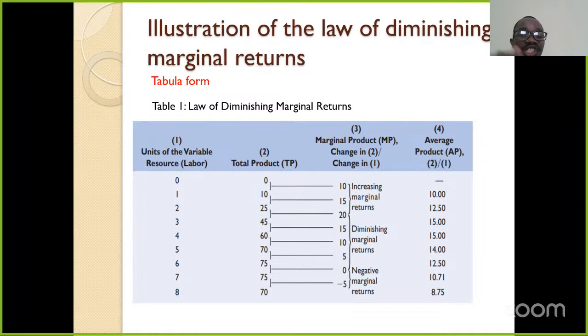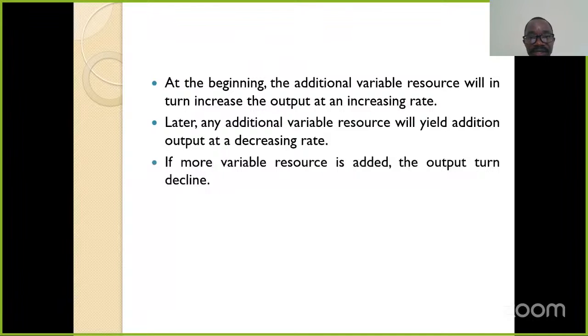So as we continue to add workers on a fixed plant, the change in the output begins to dwindle or decline. That's the law of diminishing marginal returns.